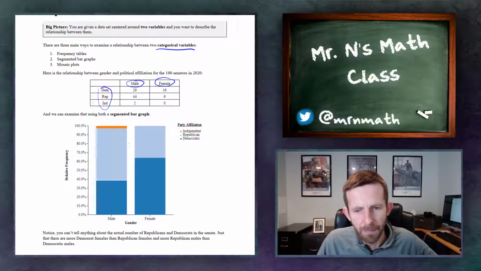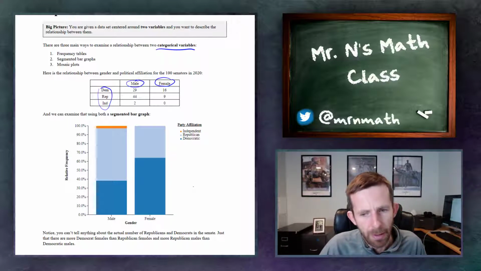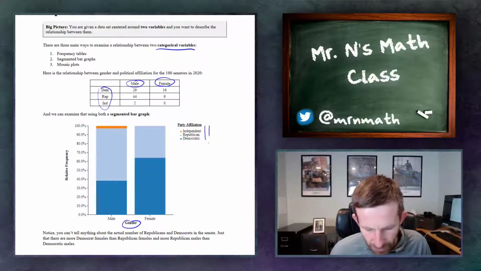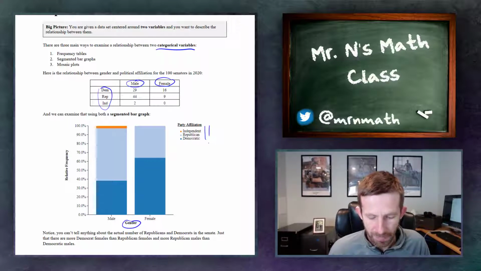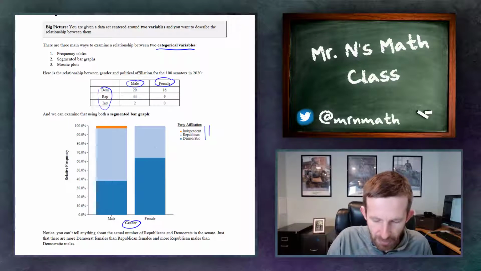Now, I can make a segmented bar graph that shows this relationship. Now, from this, I've got gender at the bottom, and then I've got political affiliation over here, and you really can't tell if there's more male or female senators, but you can tell that there are more female Democrats than Republican Democrats.